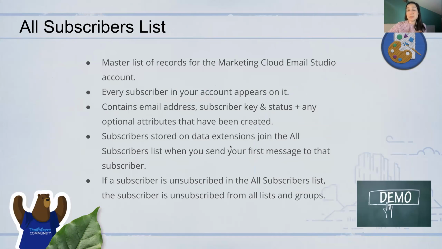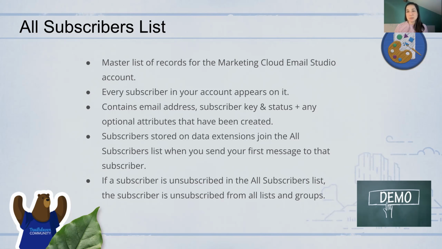So as promised, taking a step back, once we send to somebody in Email Studio, which is where we're going to be doing all of our email sending from in Marketing Cloud, then they're going to go on to what we call an all subscribers list. An all subscribers list is a master list of records for Marketing Cloud Email Studio accounts.